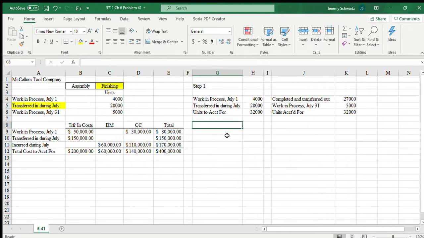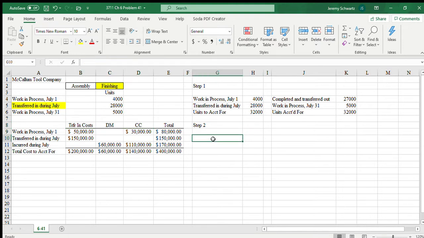So that when we go to our step 2, where we then calculate equivalent units, we're going to be doing this for all 3 of the cost elements.